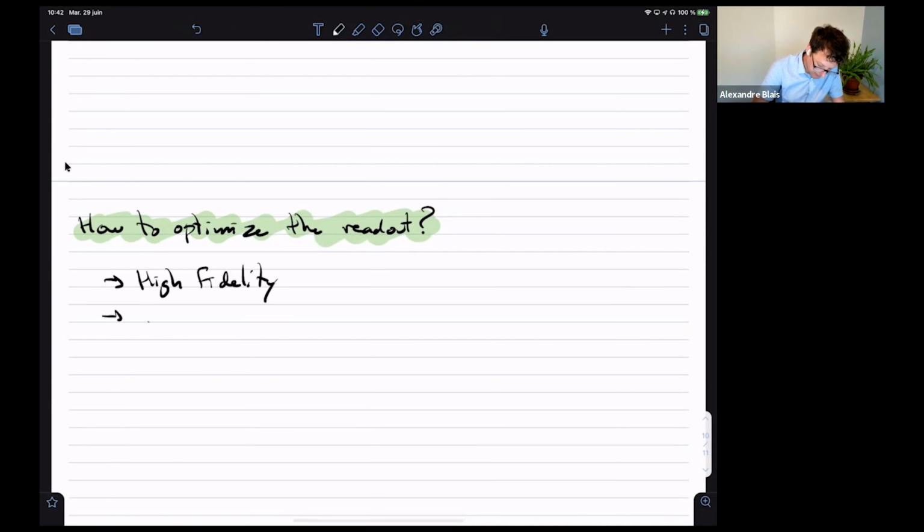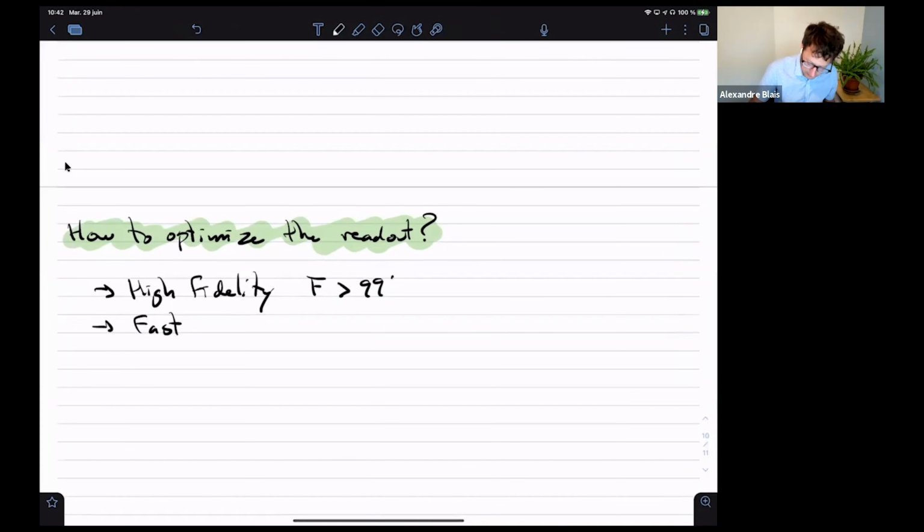And it has to be fast. If the fidelity, I'd like to be comfortably above 99% for any quantum computing applications. Add as many nines as you can, 99.9999, that's what we're looking for.